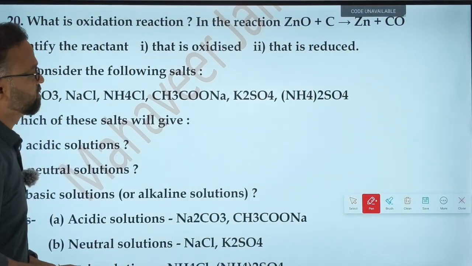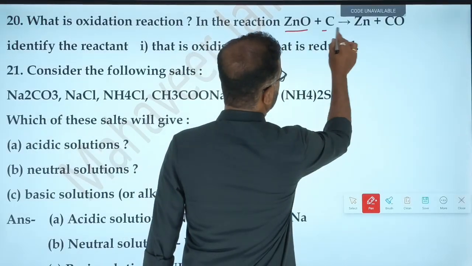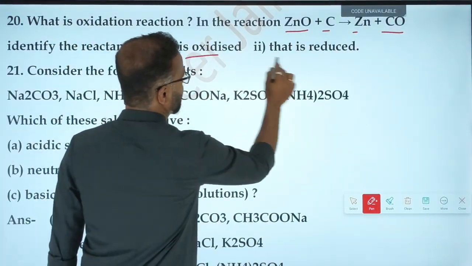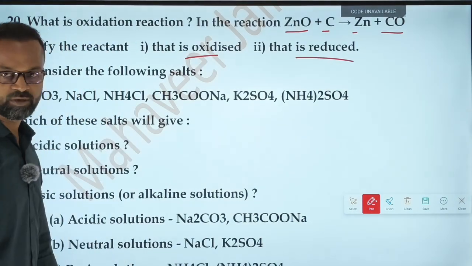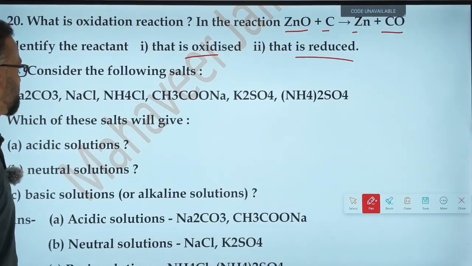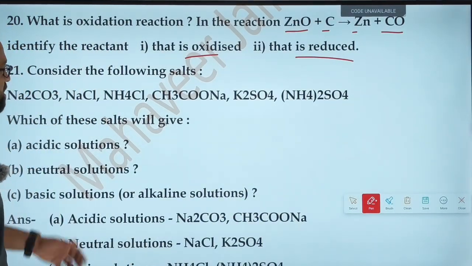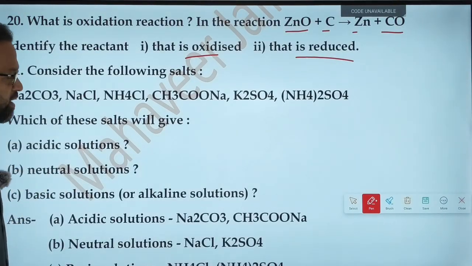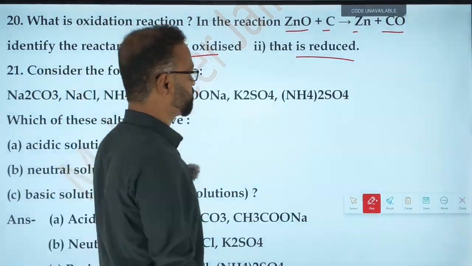In the reaction, zinc oxide plus carbon gives zinc and carbon monoxide, identify the reactant that is oxidized and that is reduced. See, what is oxidation reaction? Addition of oxygen or removal of hydrogen for any element or compound is called oxidation reaction.